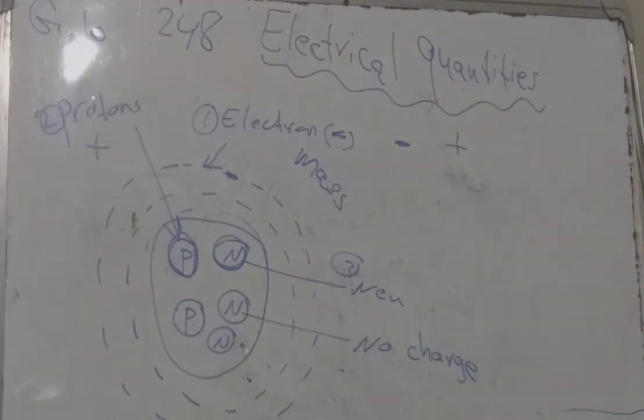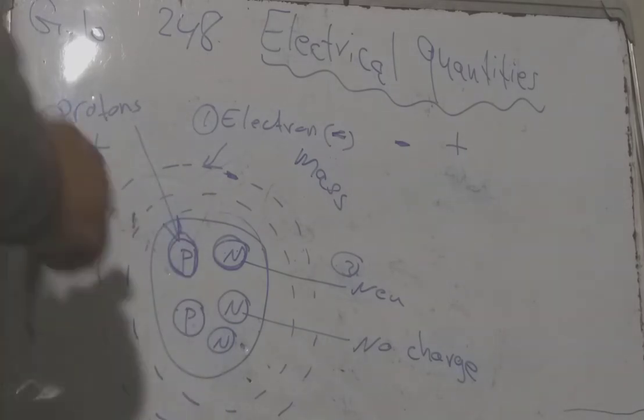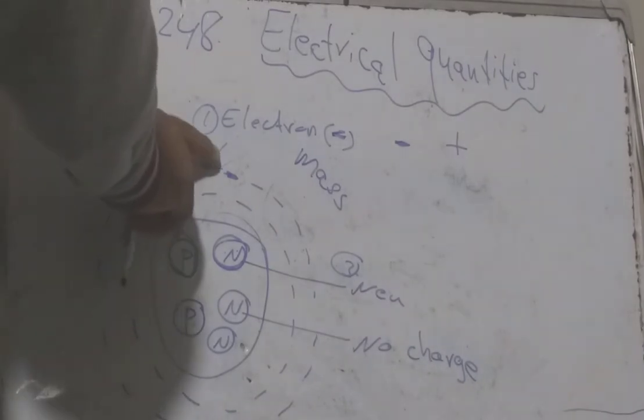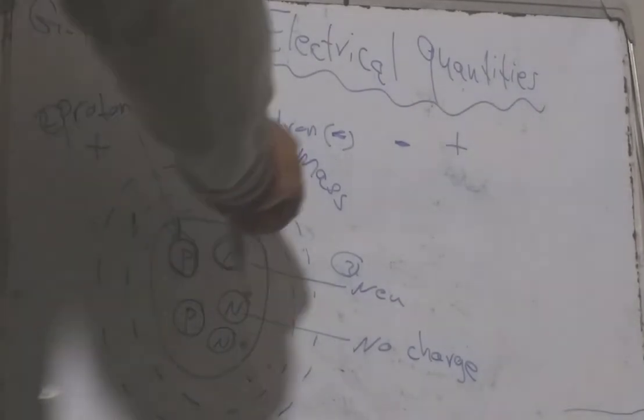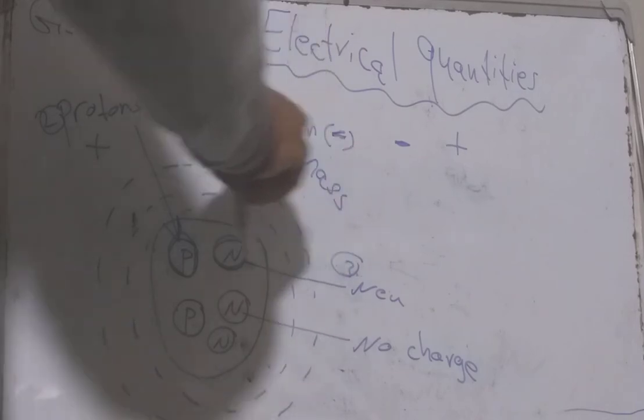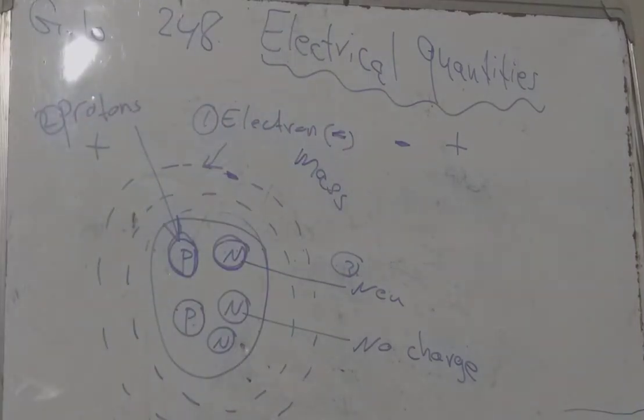The electrons are negative and the protons are positive. So normally an atom has no overall charge, because the total positive charge of the protons is equal to the total negative charge of the electrons.